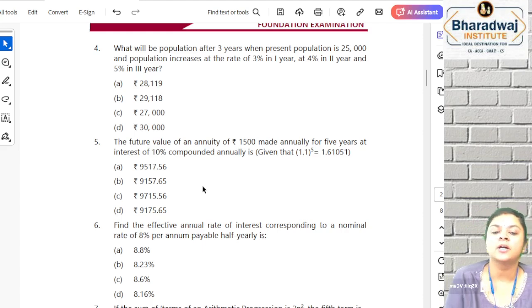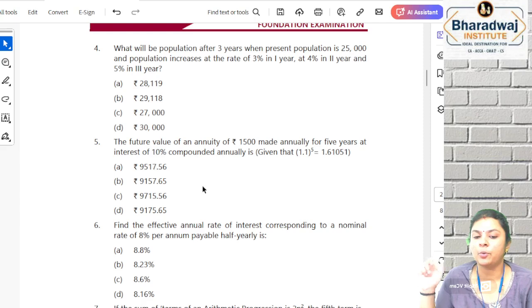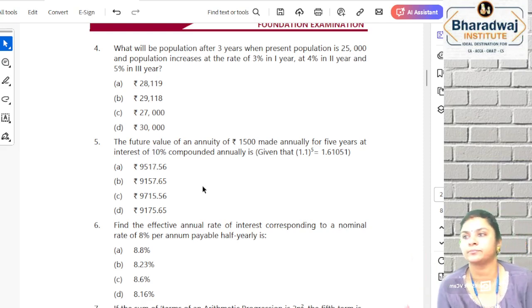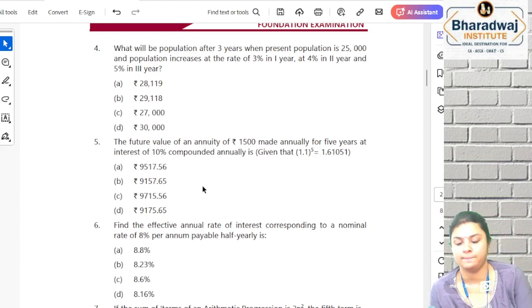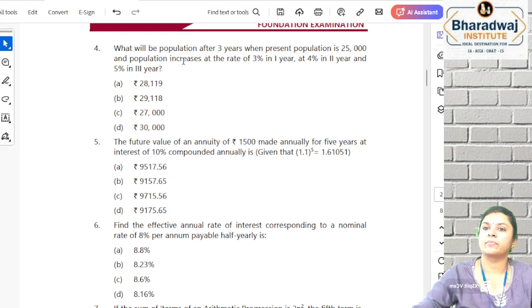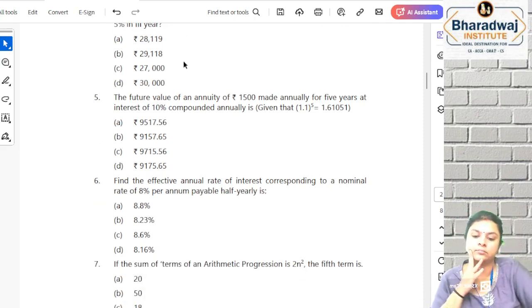We did this question. 25,000 into 1.03 for year 1, into 1.04 for year 2 and 1.05 for year 3. Multiply. Option A, 28,119. Done, na?